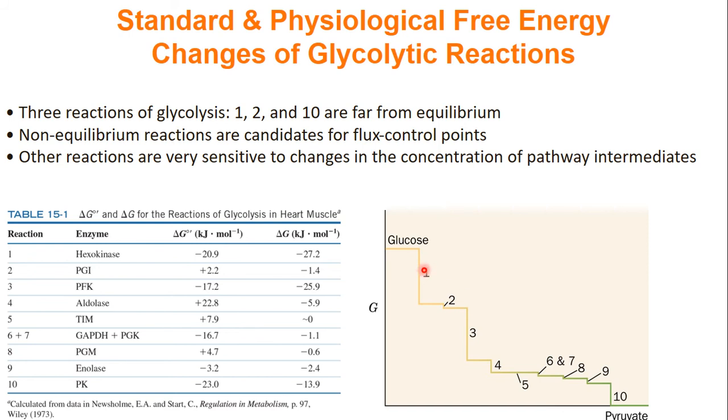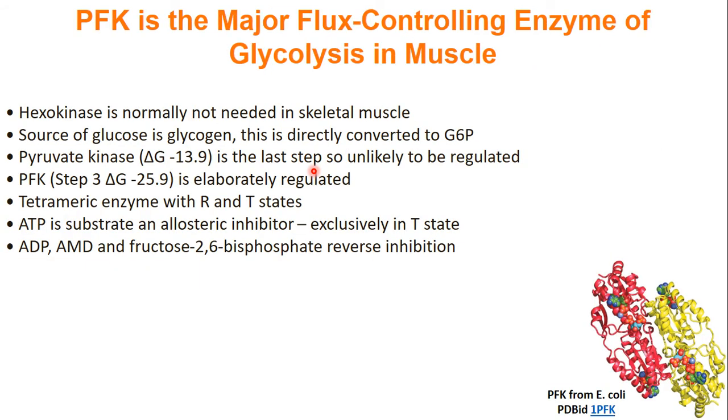This is where we propose the flux of metabolism is determined, that these 3 enzymes will determine the overall flux. Everything else is near equilibrium, so they will equilibrate quickly. They are very sensitive to changes, but if we change the 3 target ones, that's going to be a big change in our flux.